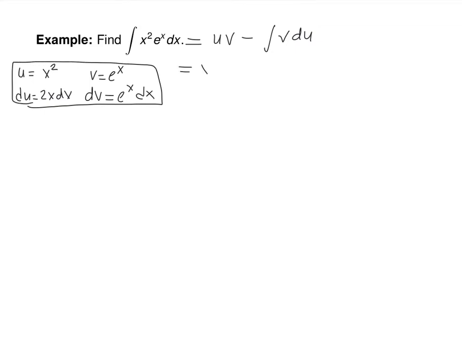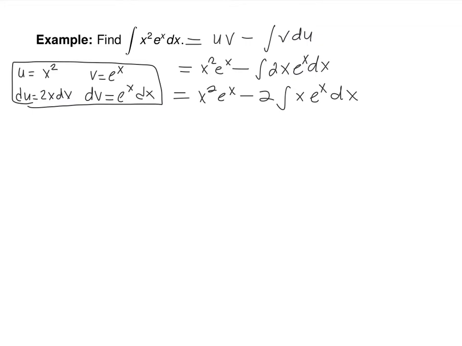So we'll have x squared e to the x minus the antiderivative of, so v du will be 2x e to the x dx. And that 2 can be factored out of the integrand. I think it's easiest to do so, so let's do that. x squared e to the x minus 2 integral x e to the x.